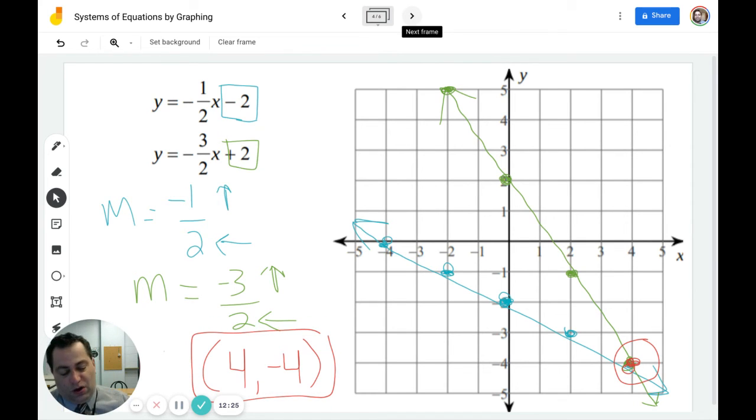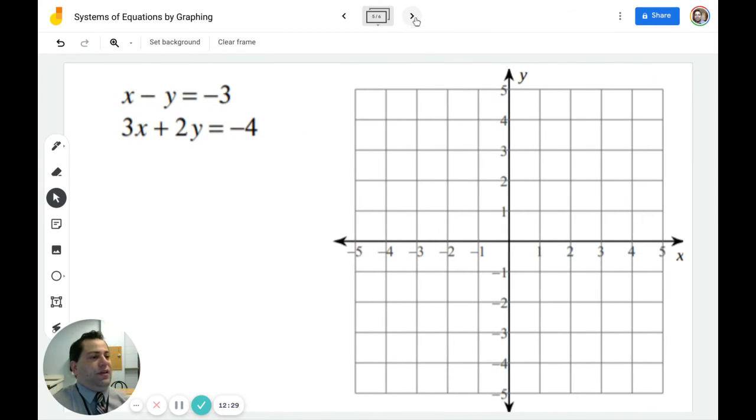Okay, let's try another harder one. Sometimes the equations are not in slope-intercept form, and we have to fix them. So let's take a look at how we can do that. My first equation here is x minus y equals negative 3.